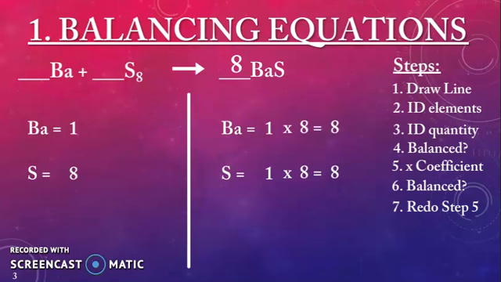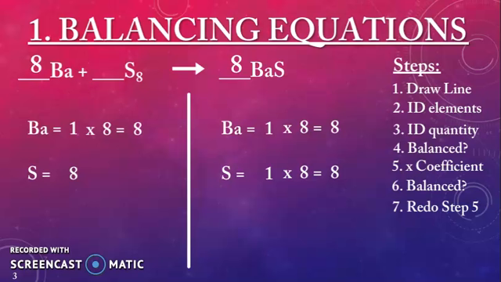So I have to multiply that one by 8 as well. So now we have our sulfurs balanced, but we do not have our bariums balanced. So on the reactant side, I need to multiply the barium by 8. So we're going to do it on the bottom and then put our 8 on the top.